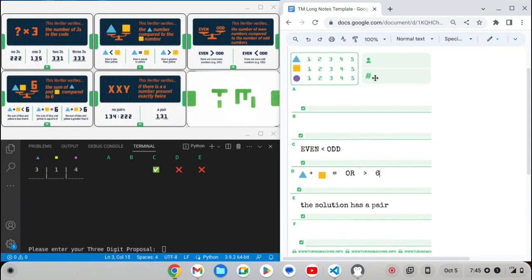I don't think, if there is an even, I don't think it could be circle, right? Notice in our criteria cards, there is no mention of circle at all. So somehow that circle is going to be forced into a value.